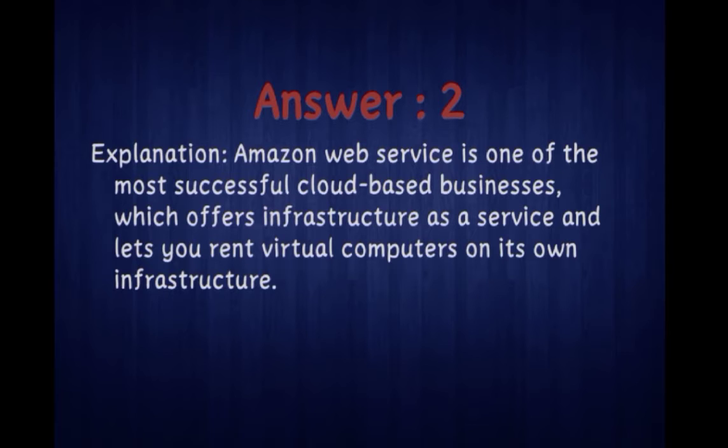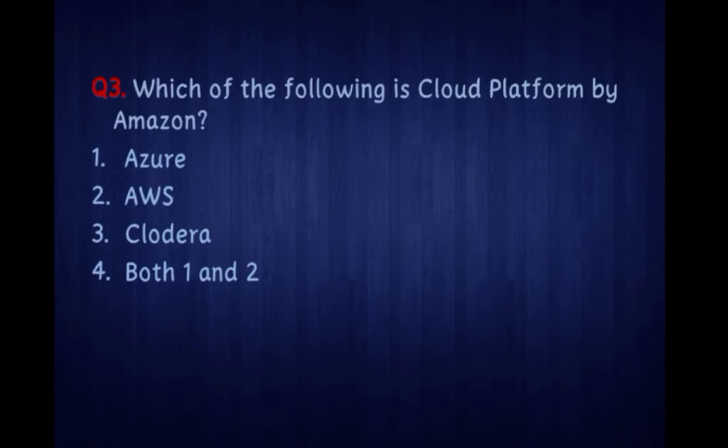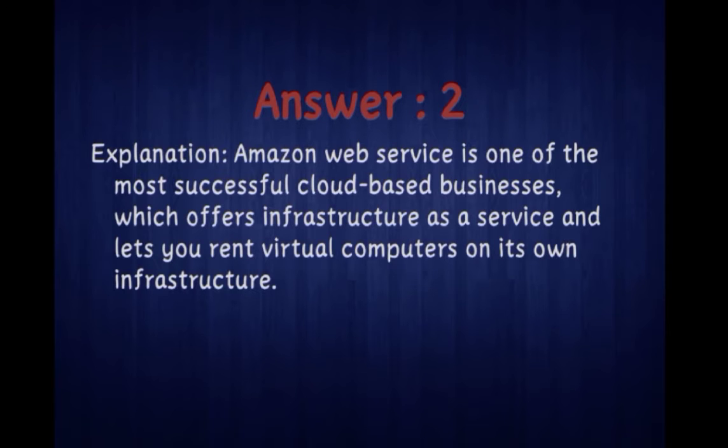It is one of the most successful cloud-based businesses which offers infrastructure as a service and lets you rent virtual computers on its own infrastructure. That means with the help of Amazon's cloud platform, we can get any type of infrastructure on a rent basis.